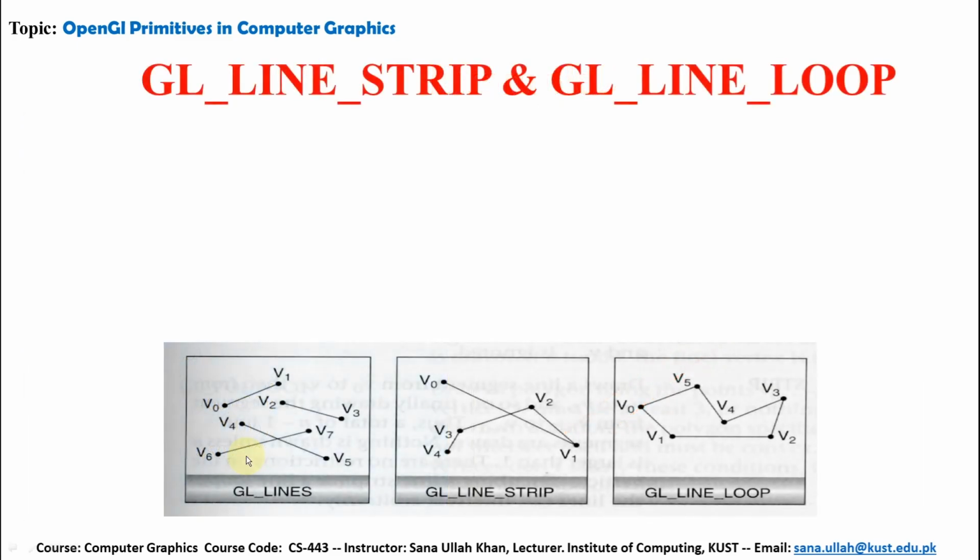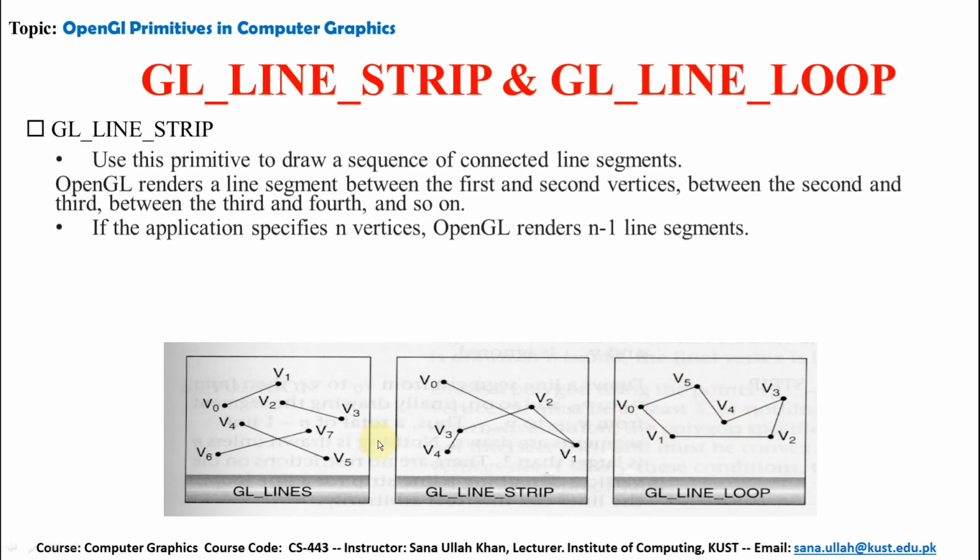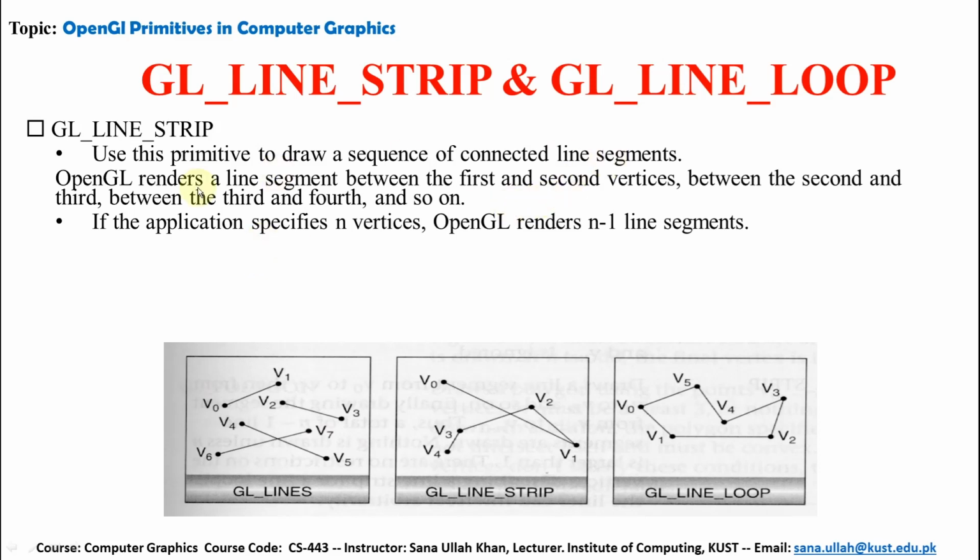GL line strip and GL line loop. GL lines, this is a sample. GL line strip starts from one point and comes to the GL line loop. It goes from the initial point and comes back to the initial point. It means vertex 0 to 1, 2, 3, 4, 5 and again the loop terminates, meaning closed line objects. Use this primitive to draw a sequence of connected line segments.